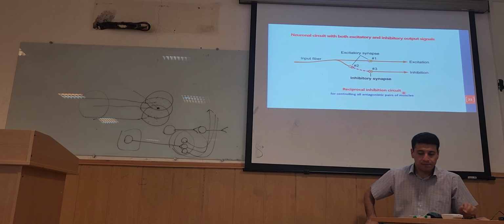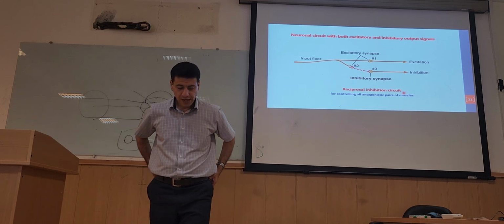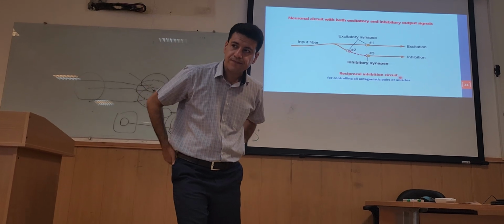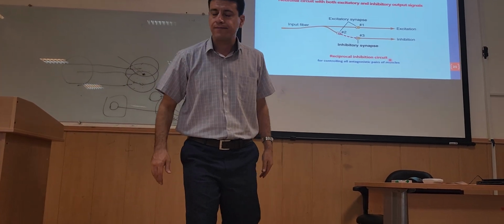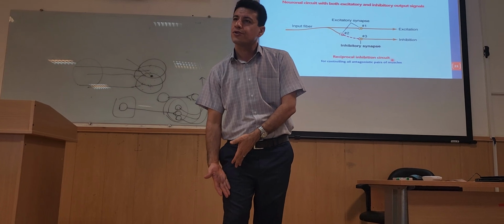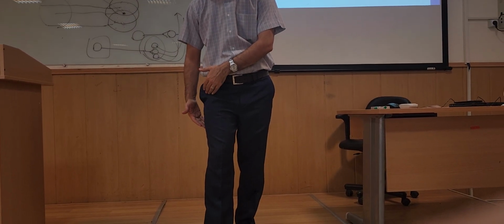So, an example. You want to walk, right? So you want to bring your leg forward. You want to step forward. For this movement, some muscles should contract, other muscles should be relaxed.